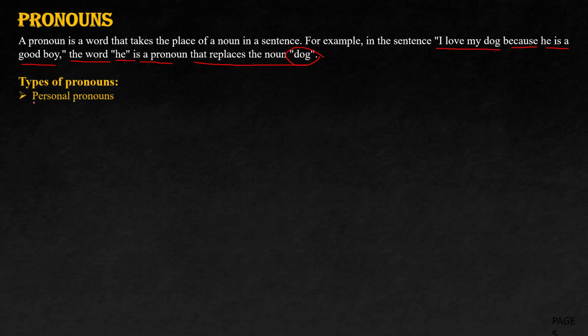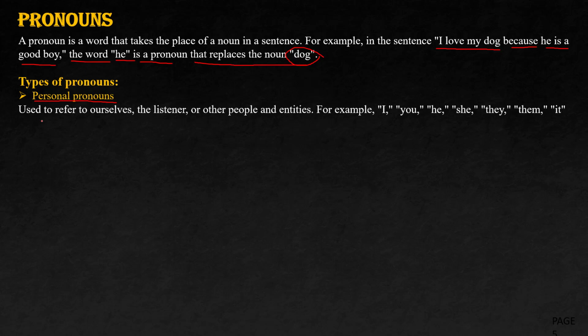The first one is the personal pronoun. It is used to refer to ourselves, the listener, and all other people. Let's say I represents yourself, you, he, she, they, them, it are the personal pronouns.